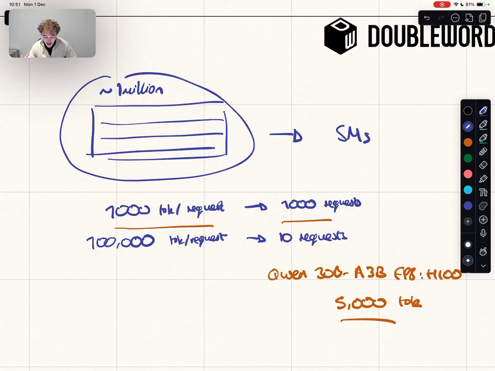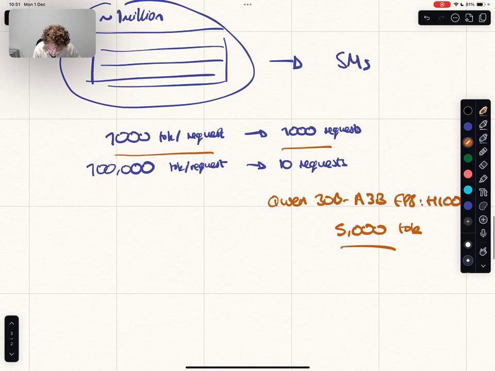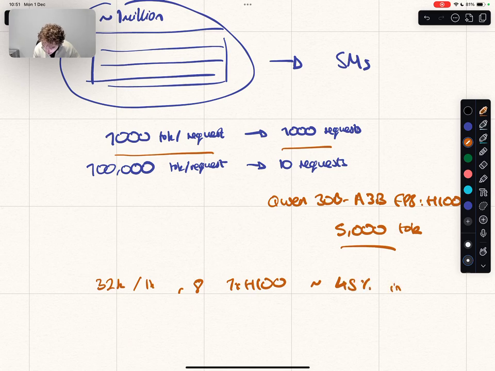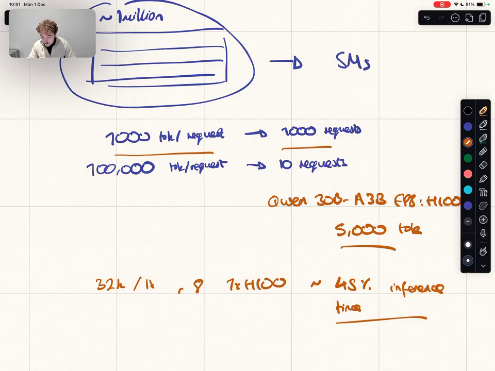But at high batch inference, for example, we can put some numbers to it, at something like 32K input and 1K output, running with a batch size of 8 on an H100, for this Qwen 30 billion, approximately 45% of the inference time is spent pulling the KV cache from the high bandwidth memory into the SMs. So this is a very significant chunk of inference time.